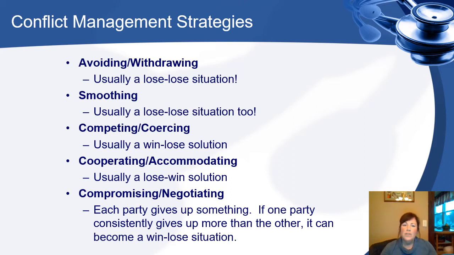There are a couple of different strategies: avoiding and withdrawing, smoothing it over, competing or coercing, cooperating or accommodating, or compromising or negotiation. And you can read what the outcomes of each of those styles are.